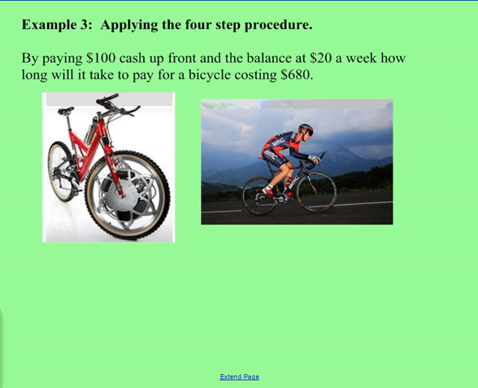So now we can come up with a plan. It seems to be that if we have a balance of $580 and we're going to pay it off in $20 increments, we need to find out how many times 20 goes into 580. So of course, what this means is we need to do some division. We need to take $580 divided by 20.